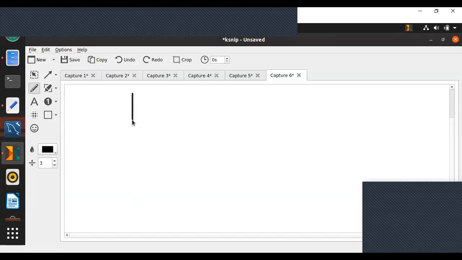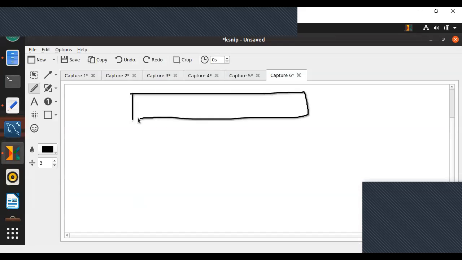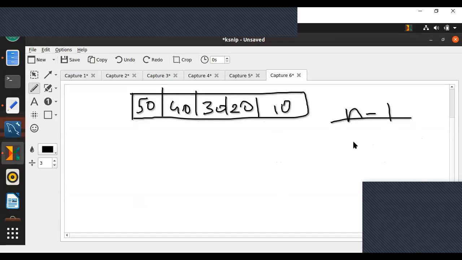If your array is something like 50, 40, 30, 20, and 10, in the first case, you're going to have to do n minus 1 comparisons in total. You're going to compare these two, whichever is smallest. 40 is smallest.